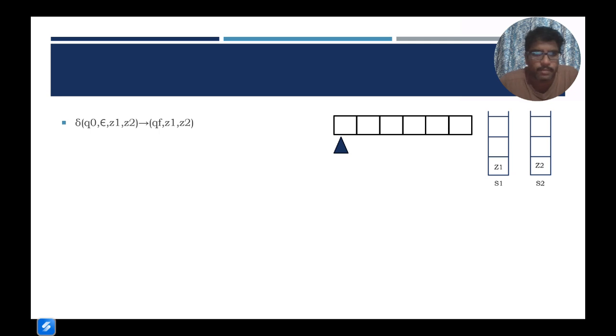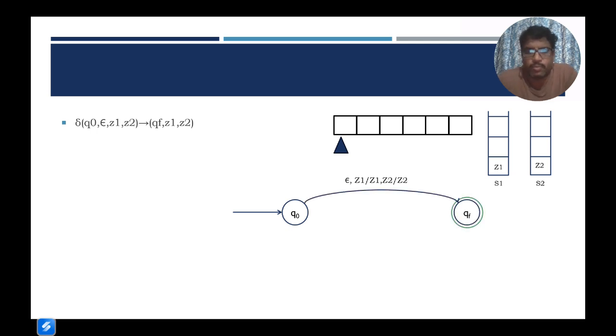Clear? Now we are considering a string on the input tape. Let us see how we draw the transition diagram. The initial state is Q naught. By reading epsilon, the top of stack 1 is Z1, the top of stack 2 is Z2, and it moves to the final state.